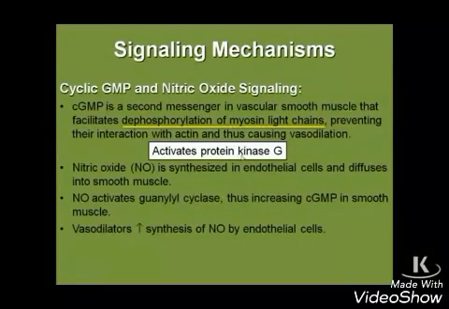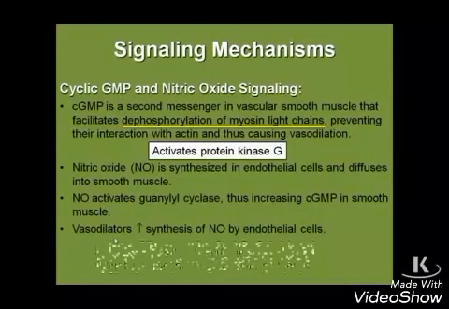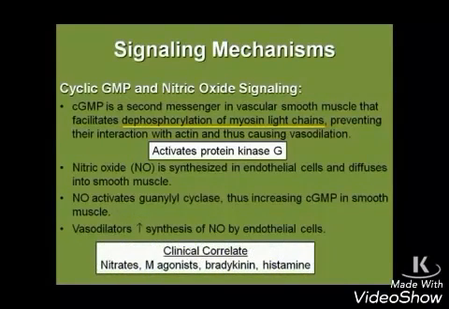Of course, a lot of drugs and a variety of molecules in our body work through this type of nitric oxide cyclic GMP pathway, including various vasodilators. So the clinical correlate here, and it's shown in your margin, nitrates, which of course are in essence prodrugs of nitric oxide.